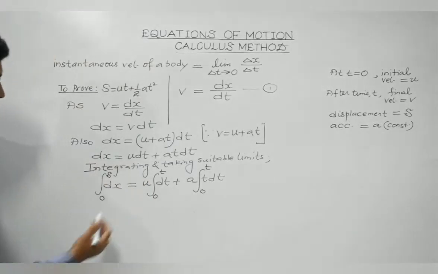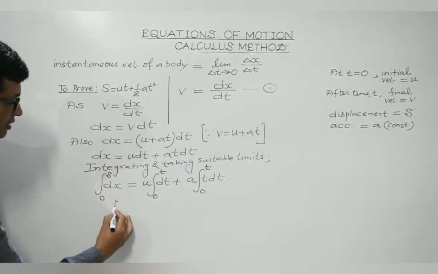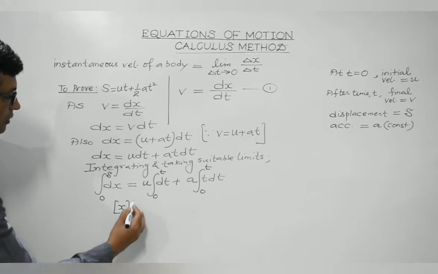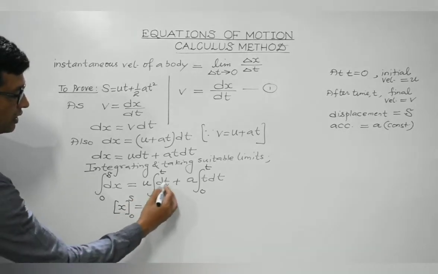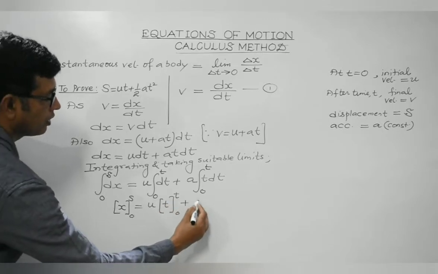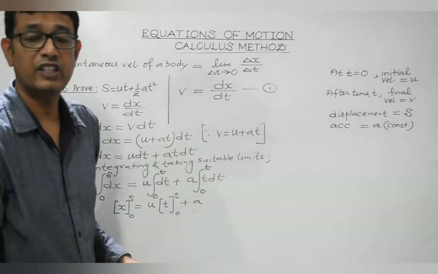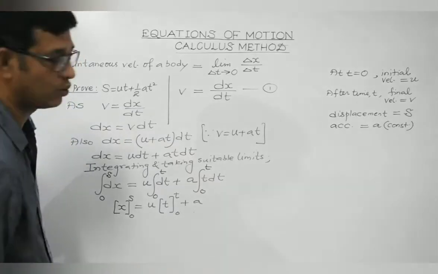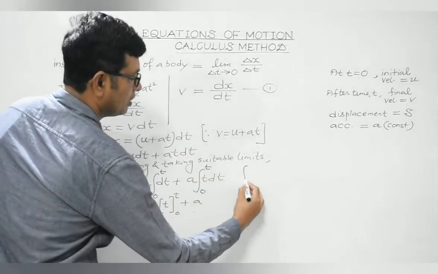So let's integrate it. Integration of dx is x. We are all aware of it. u is constant. Integration of dt is t. Integration of t with respect to t is t square by 2. Make use of this formula.